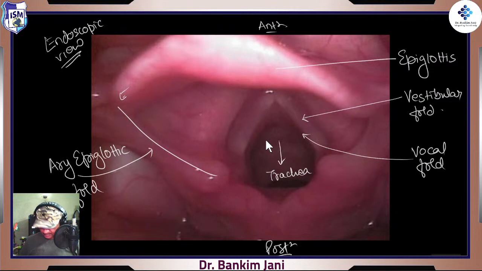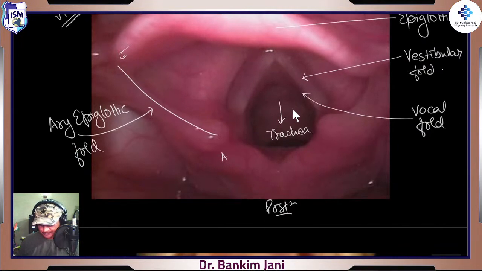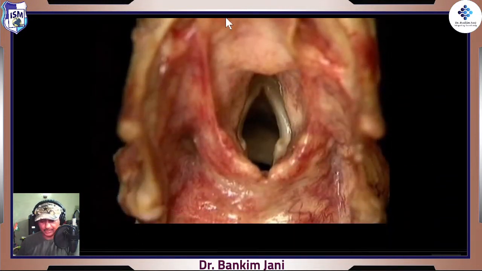So I'll just write arytenoid. A is arytenoid, E is epiglottis. Now see, that's how it really looks. So clean, right? The vestibular fold, the vocal fold.